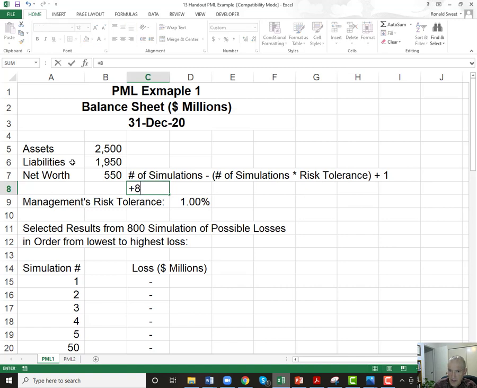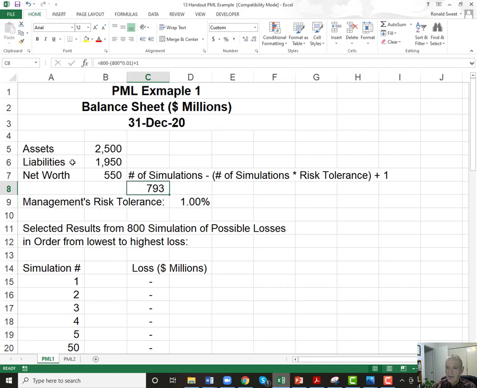So here we have 800 minus 0.01 times 800, or I'm sorry, 800 times 0.01 plus 1. When you get that, you get simulation number 793.